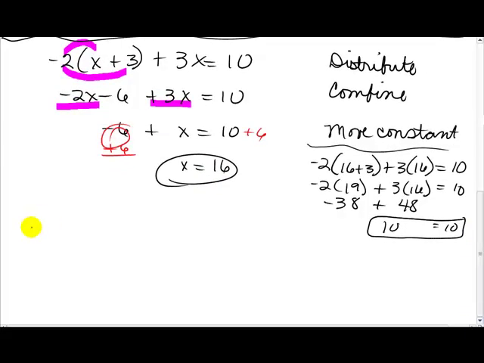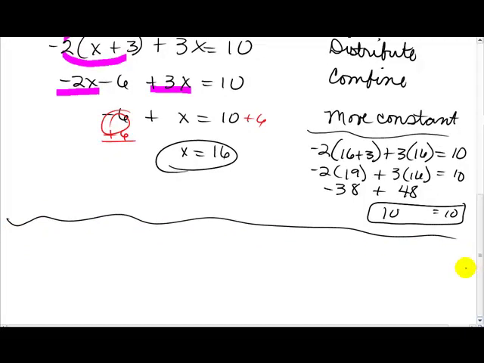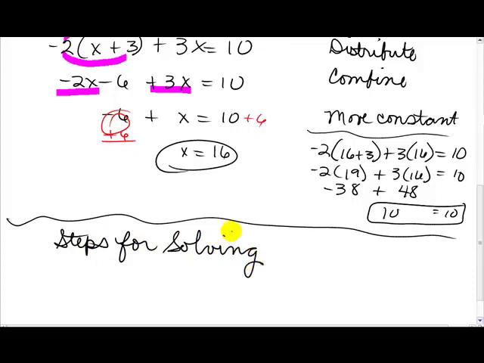Sometimes you'll have all 5 steps, or you can put the moving step all in the same, but we have our steps for solving equations.